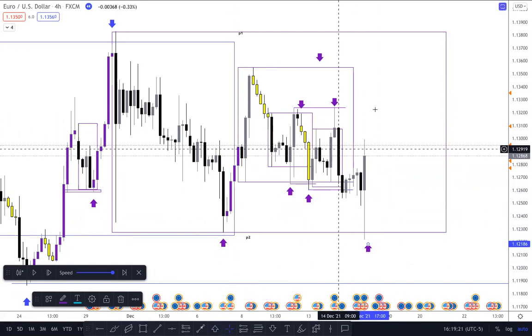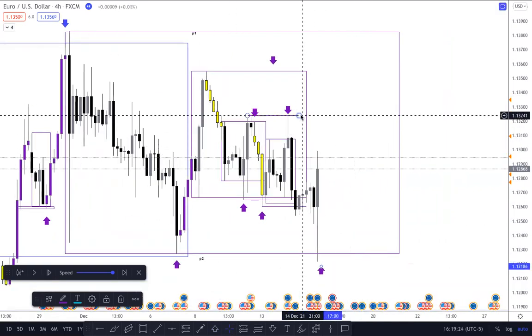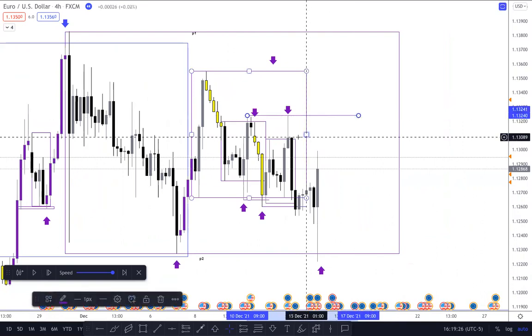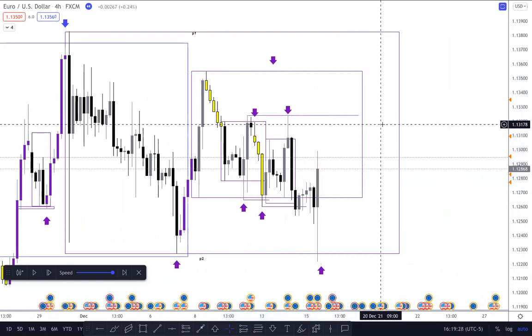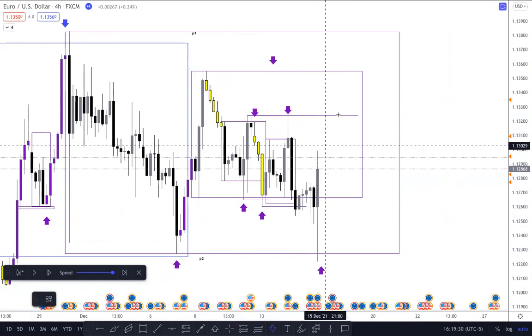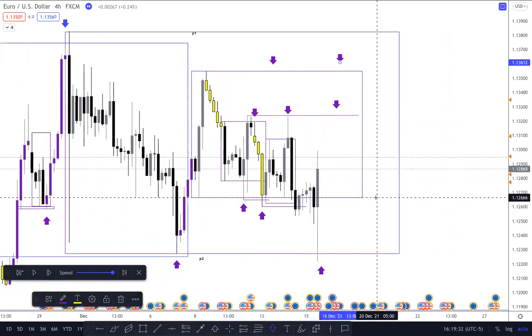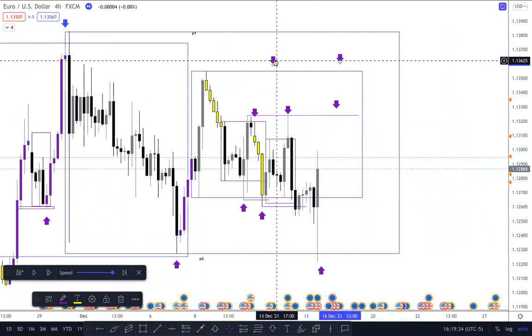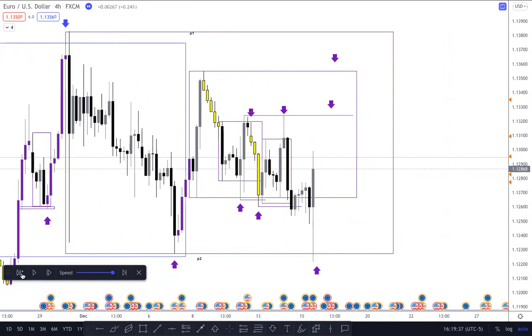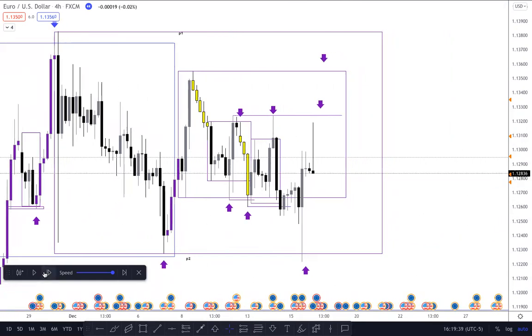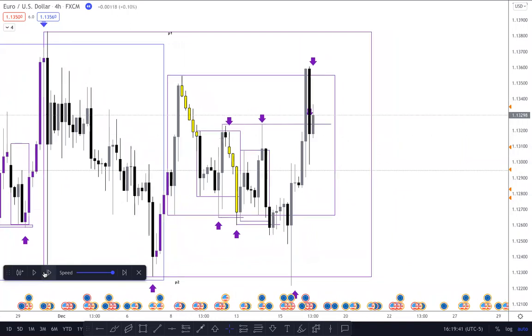Now we have phase 2 right here. We have another injection right here, right? We are looking to find manipulation here or here for the next move. Look what happened.